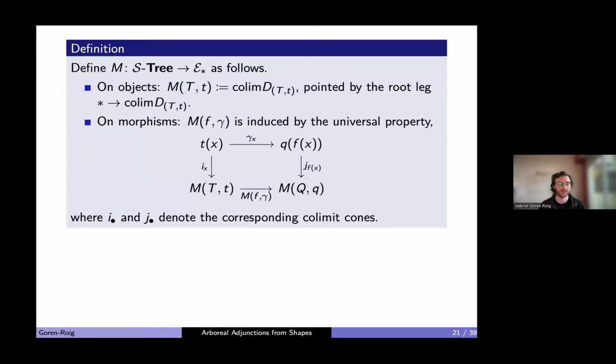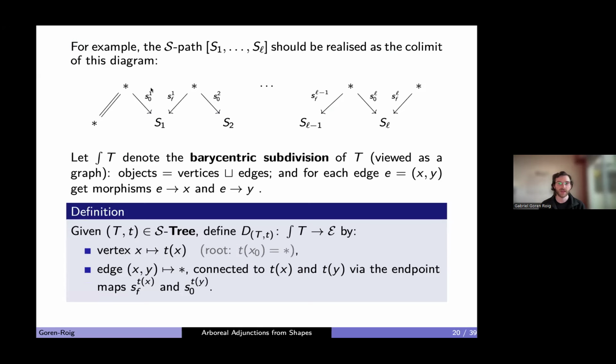So that does define a functor. The functor acts on an S tree by taking the co-limit of this diagram that we just described, and then you also have to give it a point, or a base point, and that base point is given by the root leg. So if we imagine this diagram here as sitting over the co-limit with all the co-limit cone, then the leg from this one here to the co-limit will give the base point.